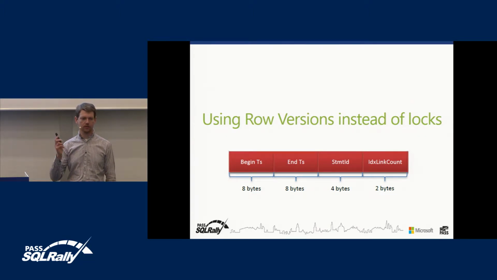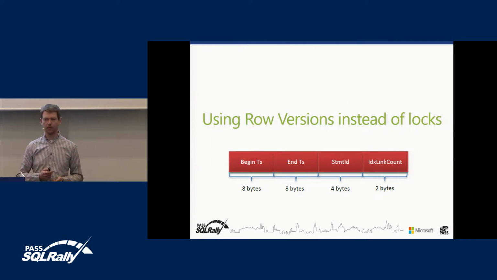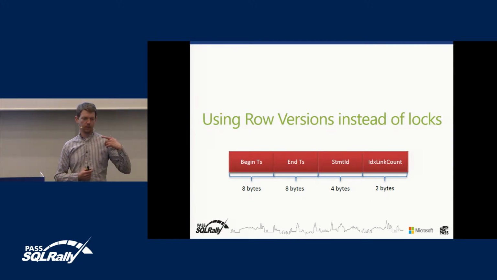So if I start a transaction now, and then I insert a row, that transaction will not be able to see the row that's been inserted, because the begin timestamp of the row is after the start time of my transaction. If I go ahead and update a row, an update is a delete and an insert. We don't really update the data. Then we specify the end timestamp of the old row, deleting that, so to speak, and we insert a new one.